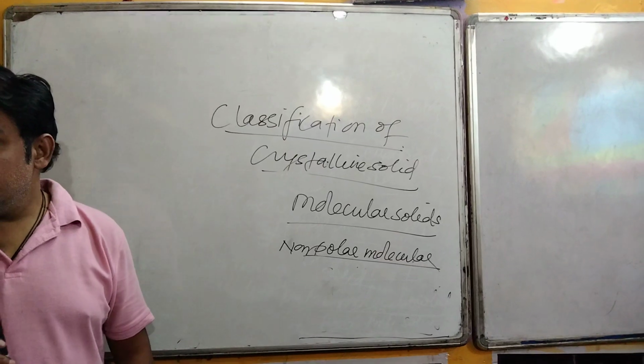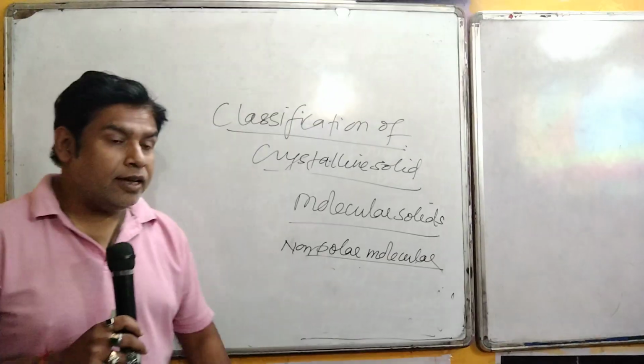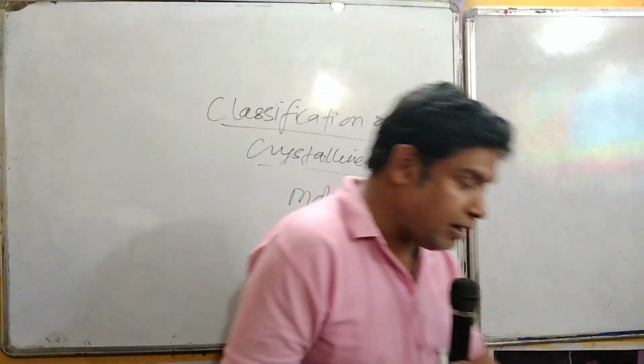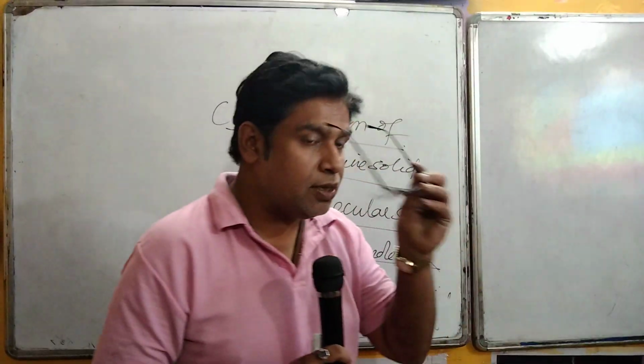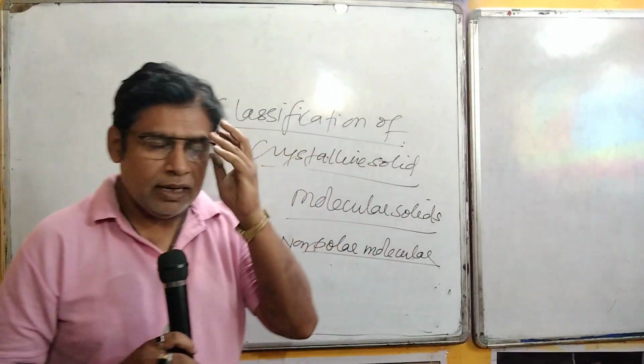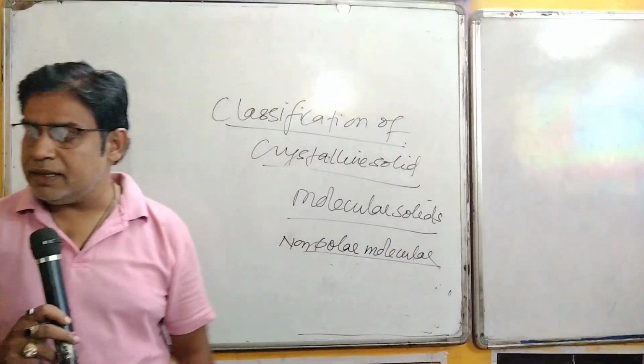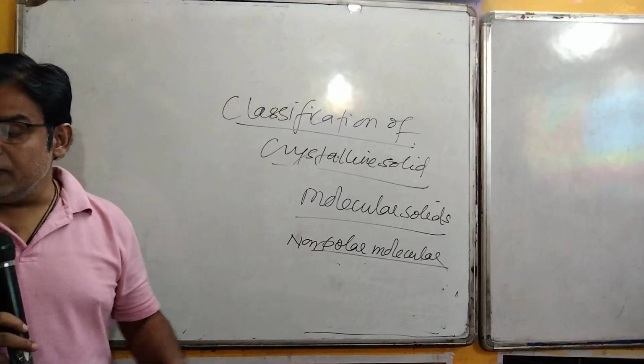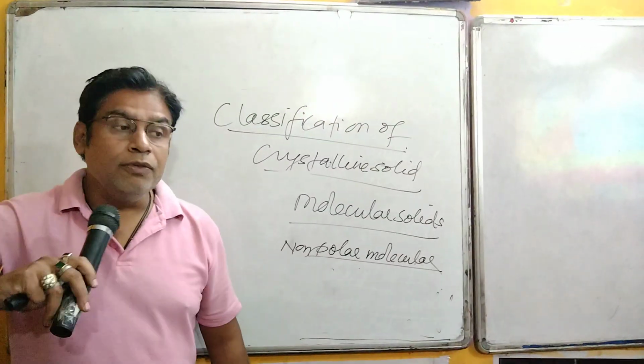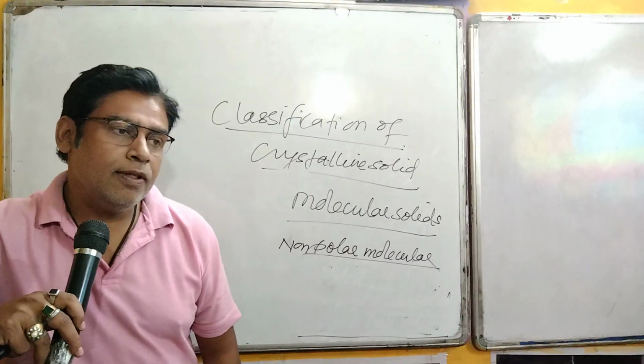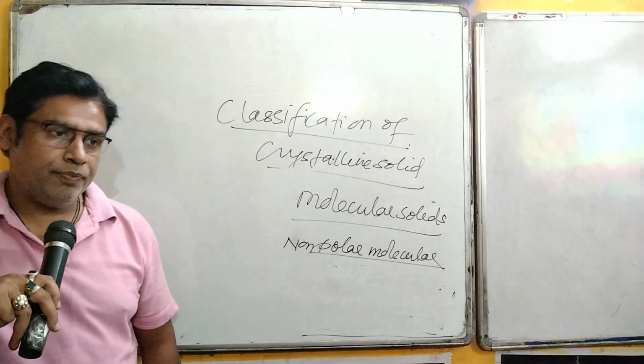Now you will wonder why I used the phrase that they can be noble gases. Why did I use this word? It is a simple matter: as I told you, they have weak forces of attraction between them.